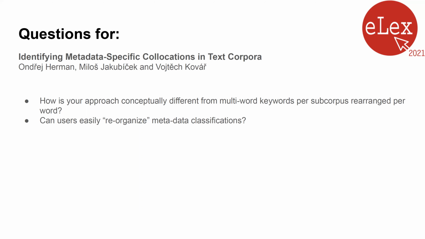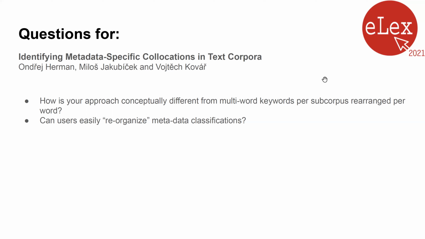Yeah, if I understand correctly your idea of multi-word keywords rearranged per word, then I would say the maths will be the same. All in all, the computations were possible even before, as we mentioned in the paper, that you can do some clicking and you see the same.